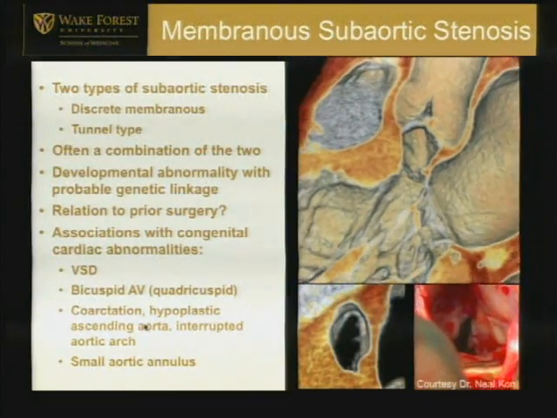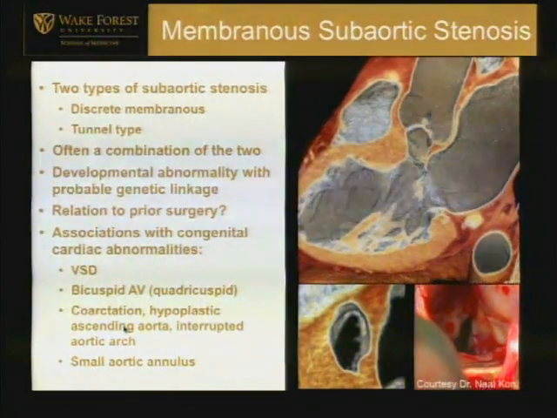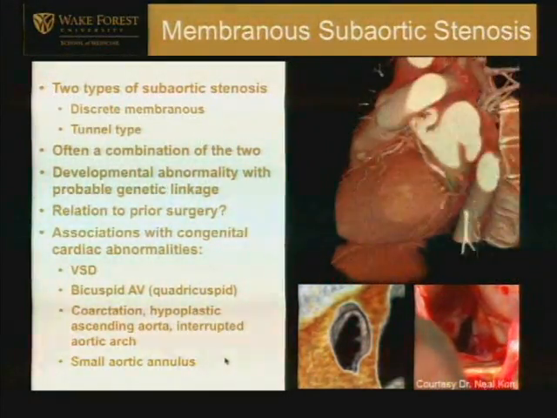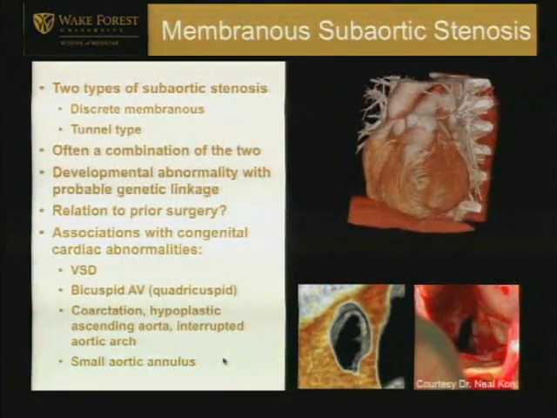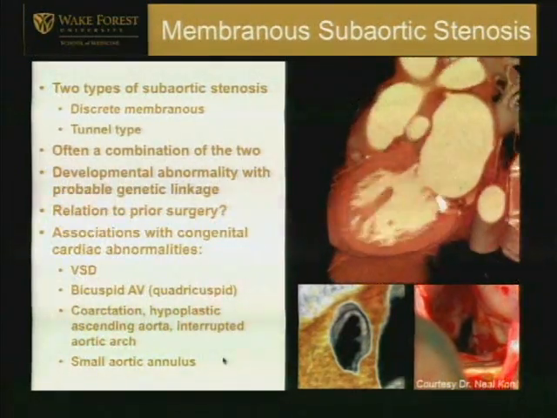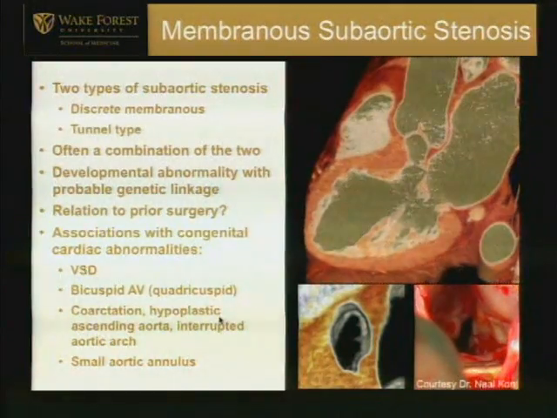It's also commonly associated with abnormalities of the aorta, coarctation, hypoplastic ascending aorta, and interrupted aortic arch, and is also sometimes associated with a small aortic annulus at the aortic root, and I'll actually show you that in a companion case in just a minute.